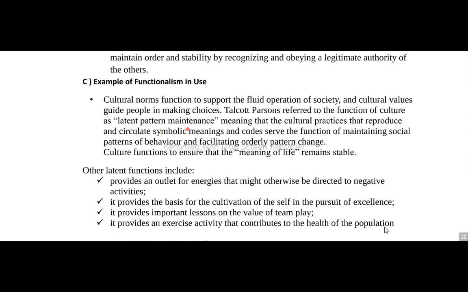That means latent, it's not the main thing that the society does, but what happens as society continues to live its life. Meaning that the cultural practices that reproduce and saturate symbolic meanings and codes serve to the function of maintaining social patterns of behavior and facilitating orderly pattern change. Culture functions to ensure that the meaning of life remains stable.